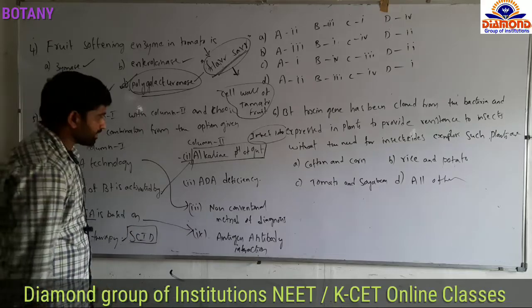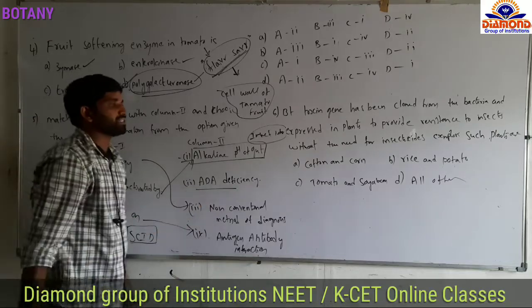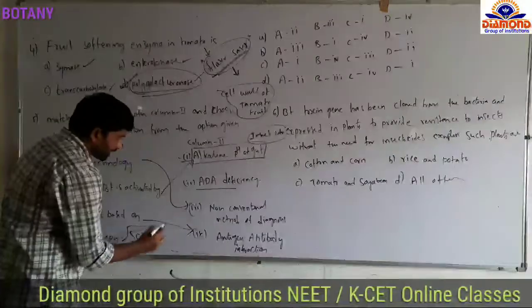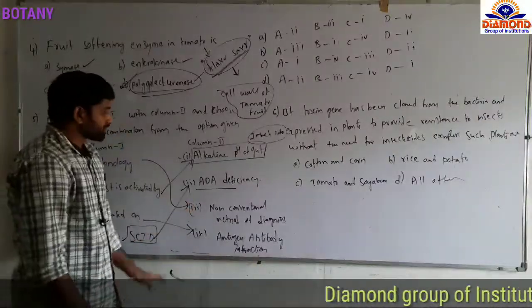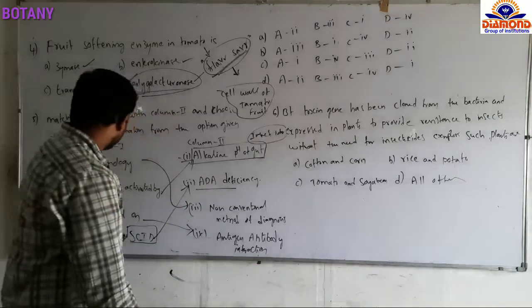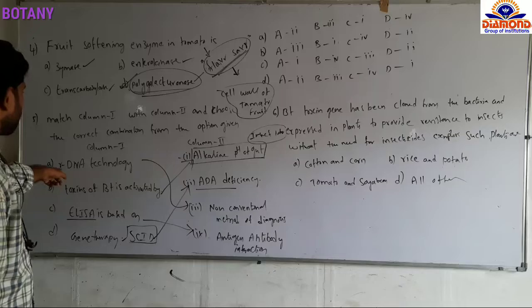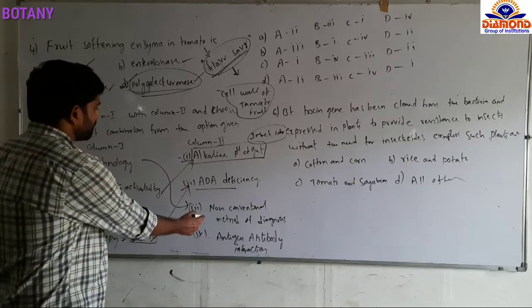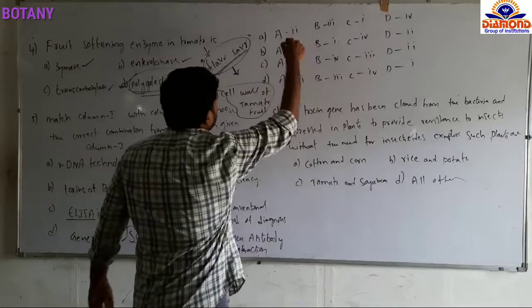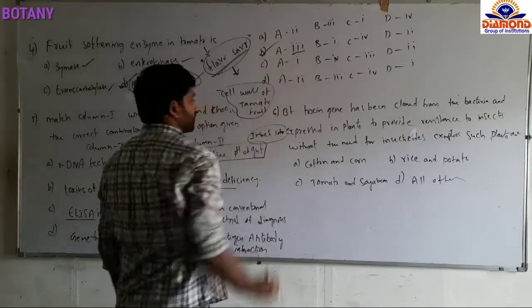It is caused by ADA deficiency, adenosine deaminase enzyme deficiency. By gene therapy we can solve the ADA deficiency. So based on this, A is 3, rDNA technology is a non-conventional method. Out of the given options, A is 3 is the only one, so B is the answer.